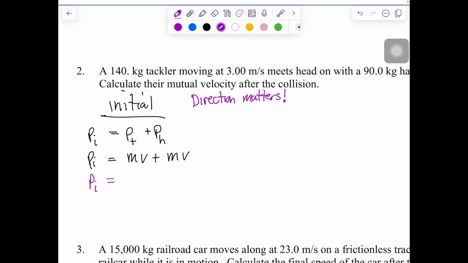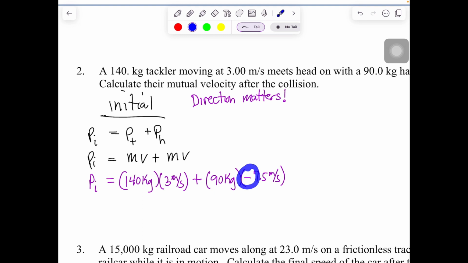So our P initial is going to be the 140 kilogram person going at 3 meters per second, and we're going to add that to the 90 kilogram person that's moving at 7.5 meters per second the other direction. Make sure you are paying attention to this little sign right here. That will throw you way off if that one is not the right sign.